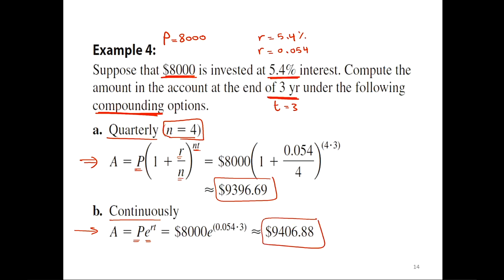Okay, so we have 3 formulas: if we need to find the simple interest or compounded interest, we have with n times or continuously. Any question about this example? This is just putting in the values of B, R, T, and n to find the amount in your account.